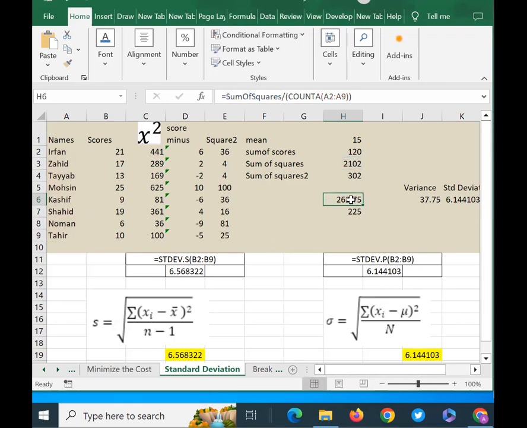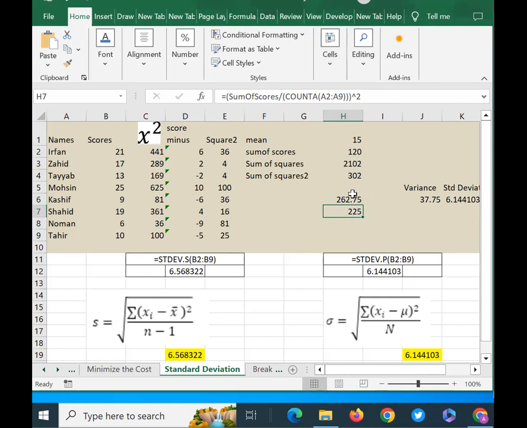So this is the figure which is required here in calculating the variance, right? Sum of the squares minus sum of the scores divided by this, so that gets the mean. The sum, that is, you can say xi or whatever.